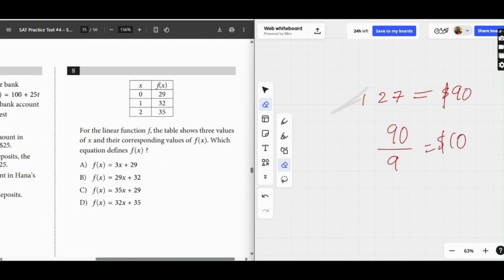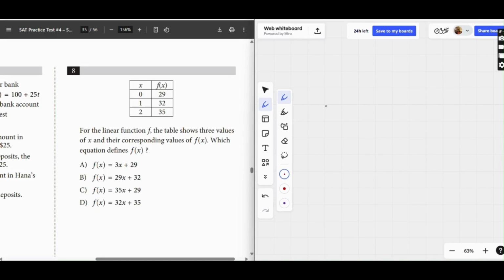The next one, the eighth question. This is similar to your understanding of functions. For the linear function, the table shows the values. We can see that f of x, whatever the given expressions, 3x plus 29, 29x, whatever it is, whenever this x is multiplied with the value attached to it, you're left with 29.